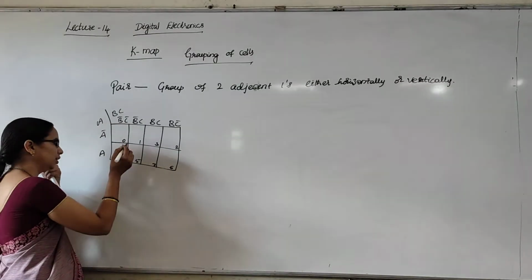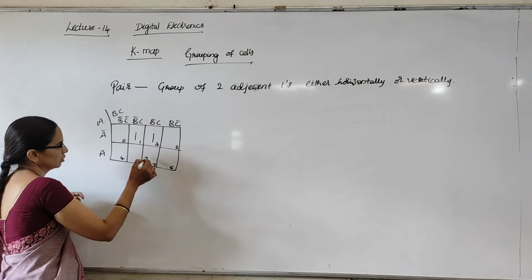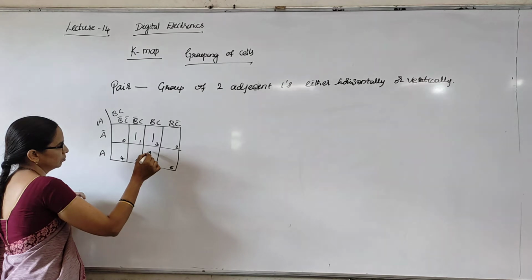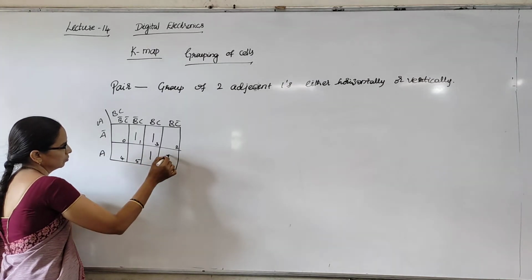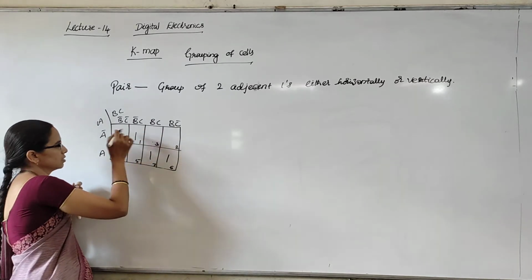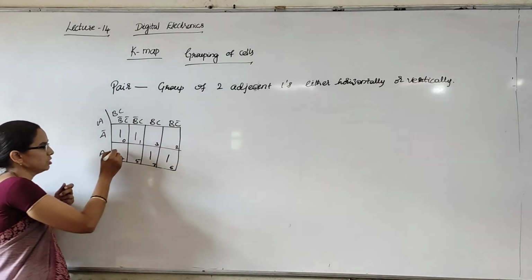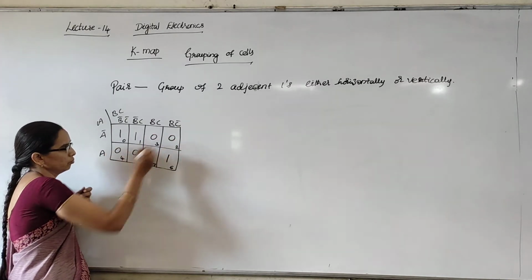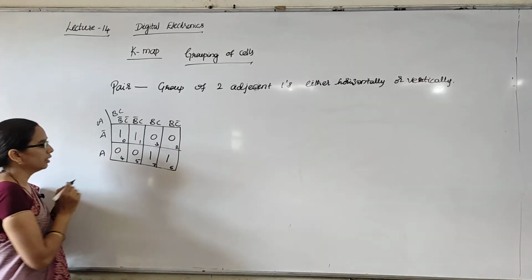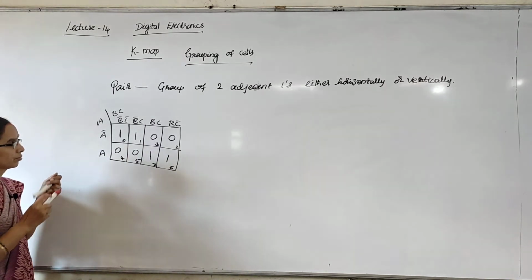So, if I have, I will write this. If I have a Boolean expression like this, the others will be 0. And in this, how to group that?